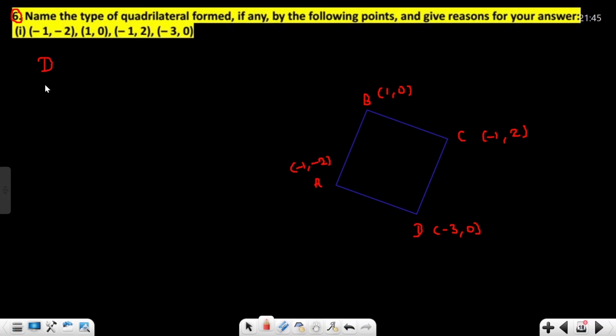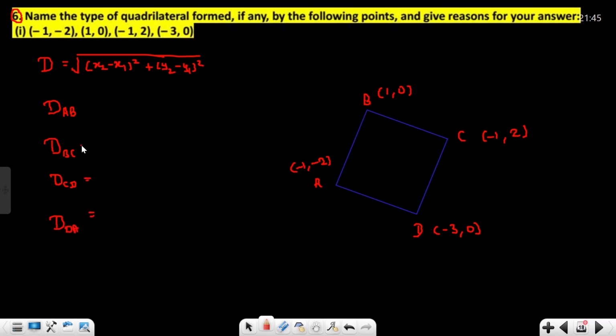Use the distance formula. What is the distance formula? Square root of (x2 minus x1) squared plus (y2 minus y1) squared. So find the distance of AB, BC, CD, and DA.